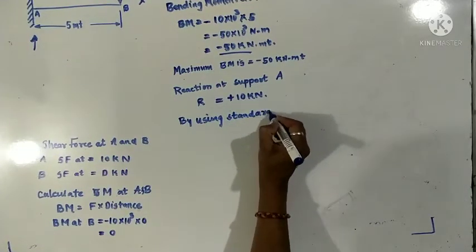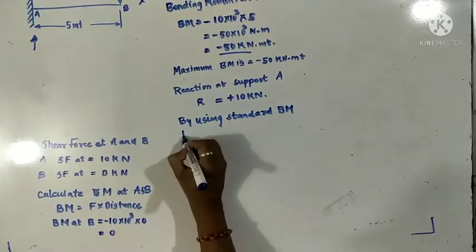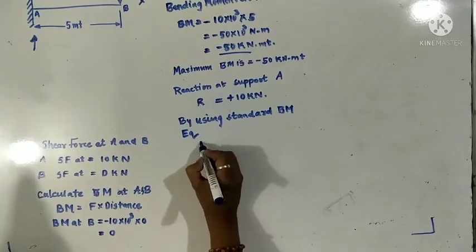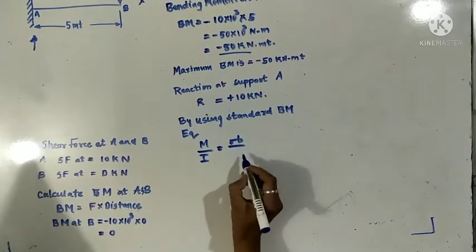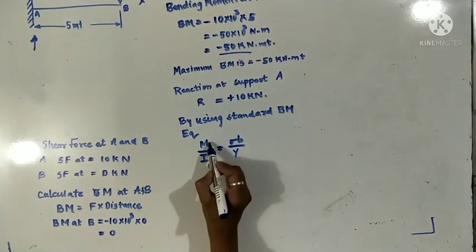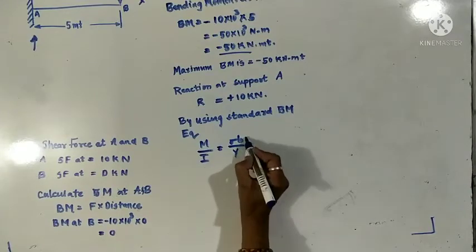By using standard bending moment equation, M by I is equals to bending stress divided by Y.